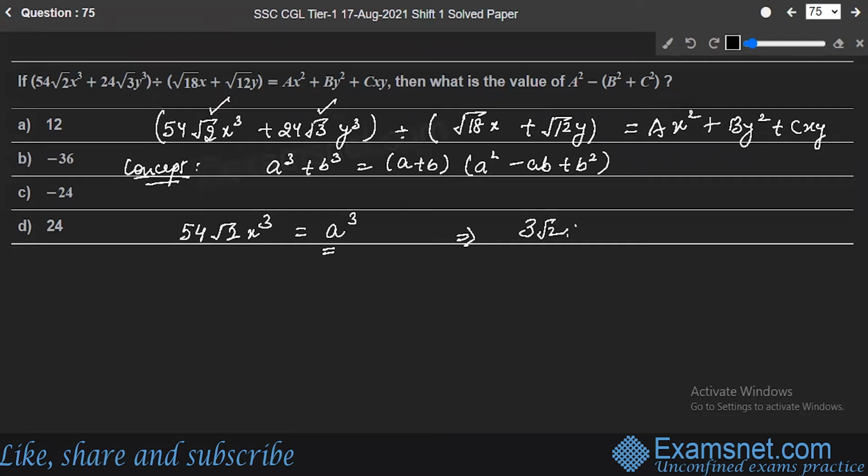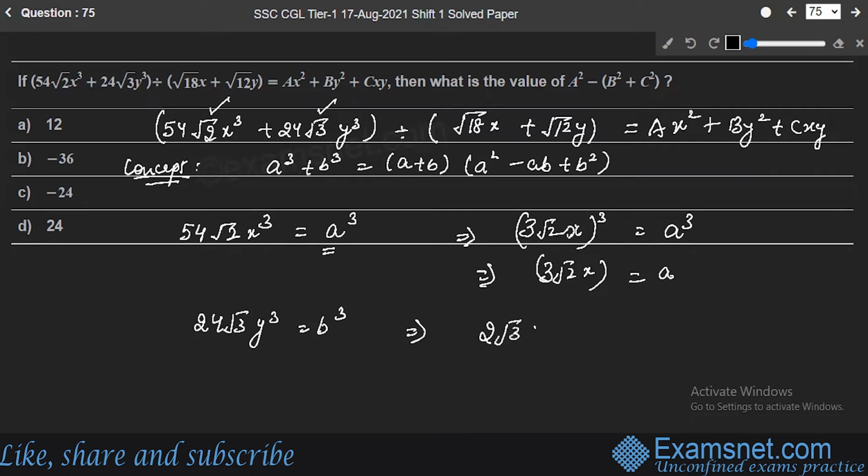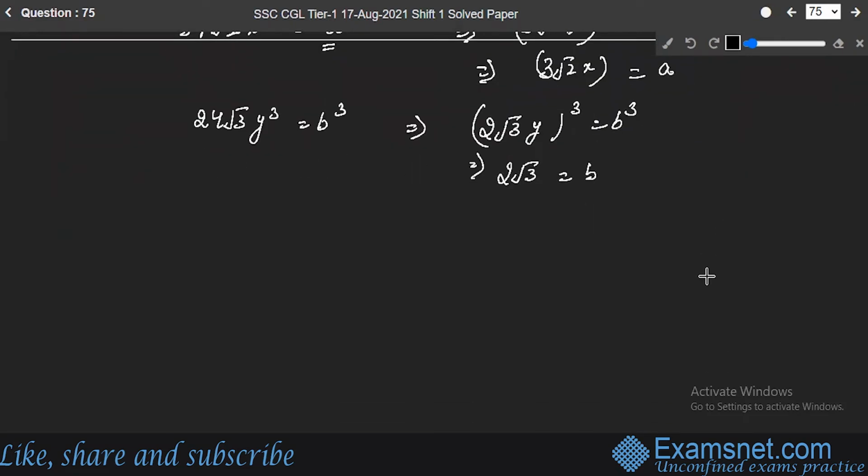This whole, (a) whole cube, is equal to a cube. This gives you a is equal to 3 root 2 x. Right? Similarly, I'm putting 24 root 3 y cube is equal to b cube, which makes (2 root 3 y) whole cube equal to b cube, which makes b equal to 2 root 3 y. Right. So now you got your a and b.